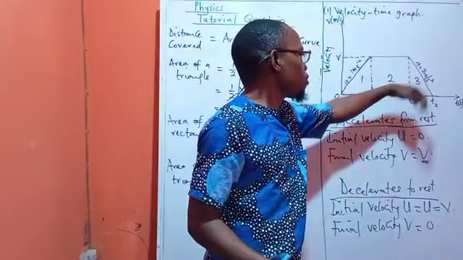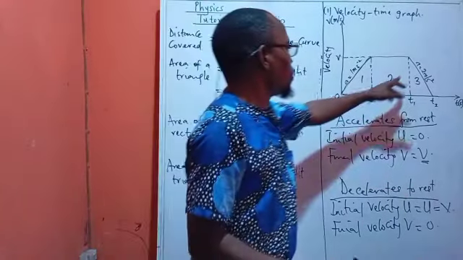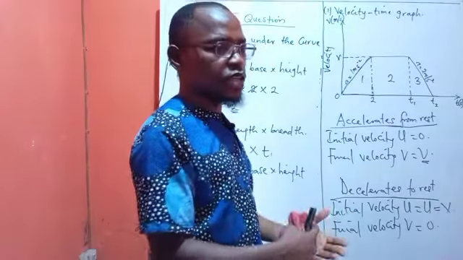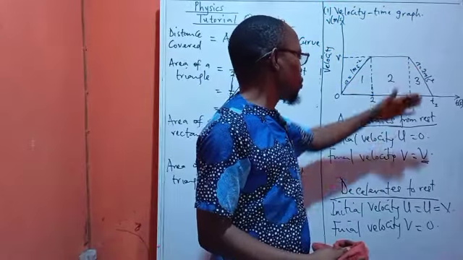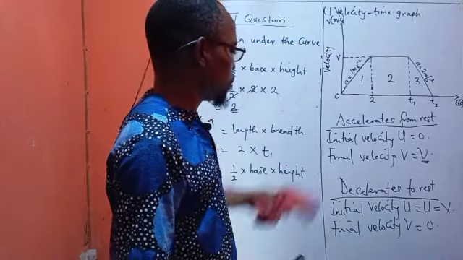So in this scenario now, we have the retardation, or we say deceleration. Retardation and deceleration, they are the same thing. So we have the retardation and we have the speed.